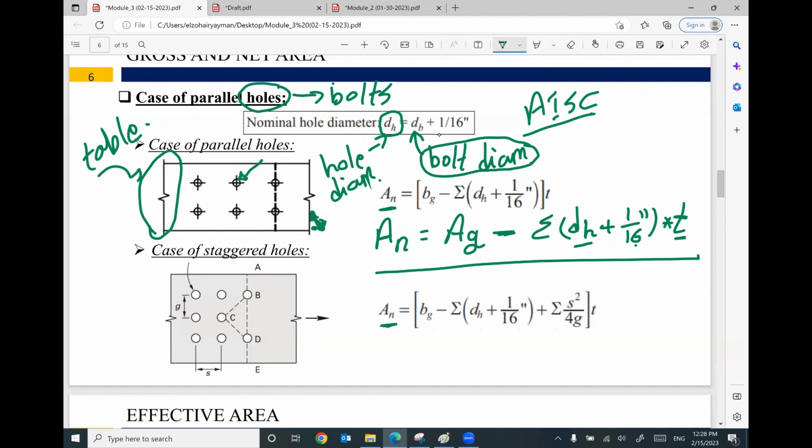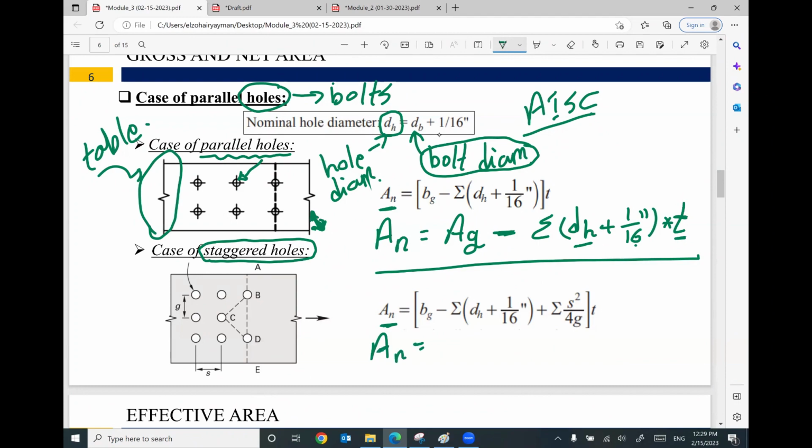This is the case if you have parallel holes, rows and columns. Sometimes we have a staggered arrangement of your holes. When we need to select staggered and parallel, we will cover this later when we are talking about connections. But so far, if you have a staggered connection, this equation will be written in a different way.